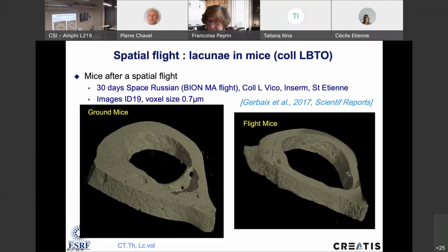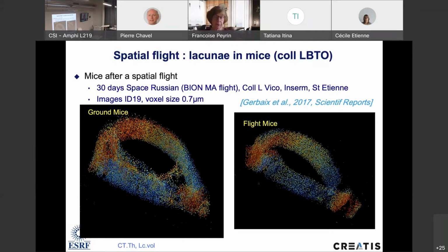And if we analyze this image and segment the inner part of the cortical bone, we can clearly see the osteocyte lacunae in the ground mice and in the flight mice. We can also measure the volume of all these lacunae and color them as a function of size. And we could see differences in this volume in ground mice and flight mice, and this was reported in this paper.